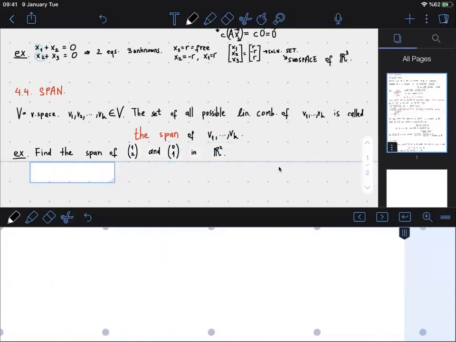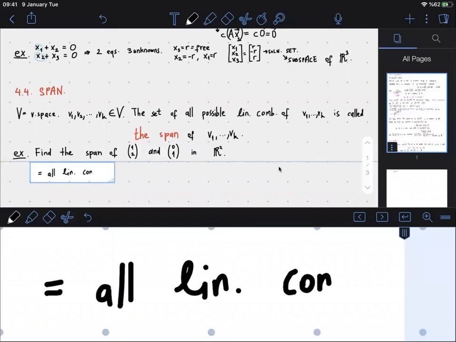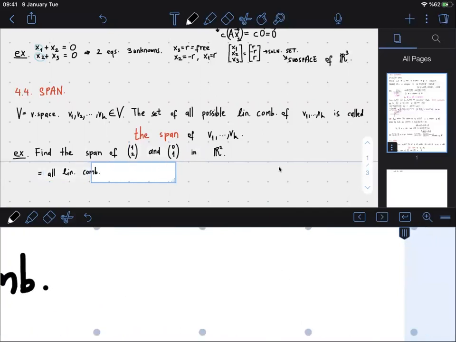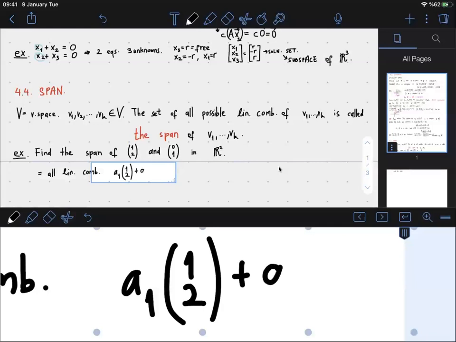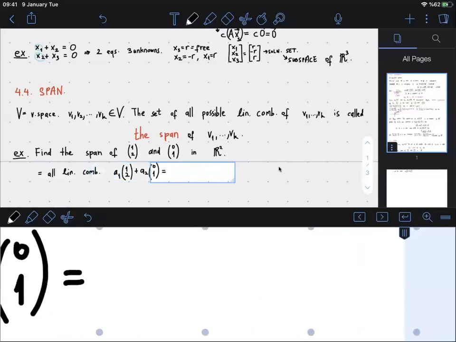So for this one, span means all linear combinations, right? a1 times the first vector plus a2 times the second vector. So these are a1, 2a1 plus a2.